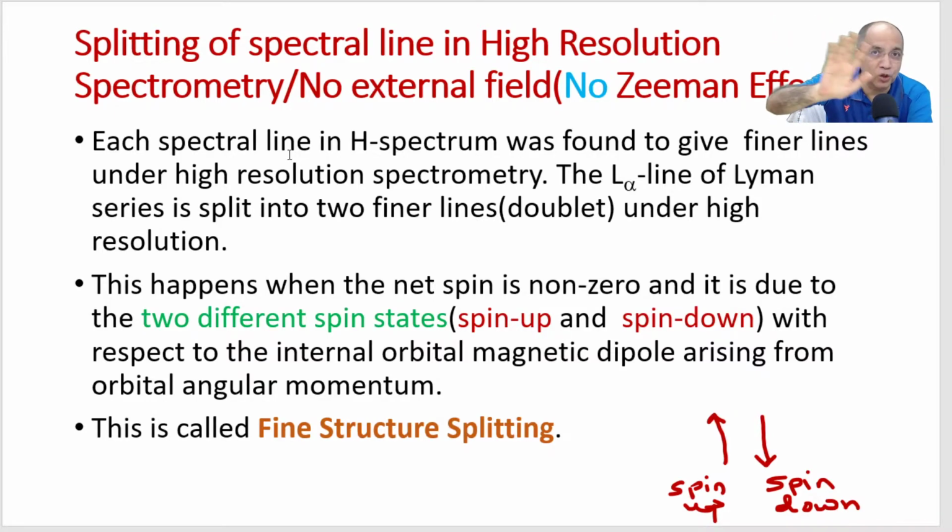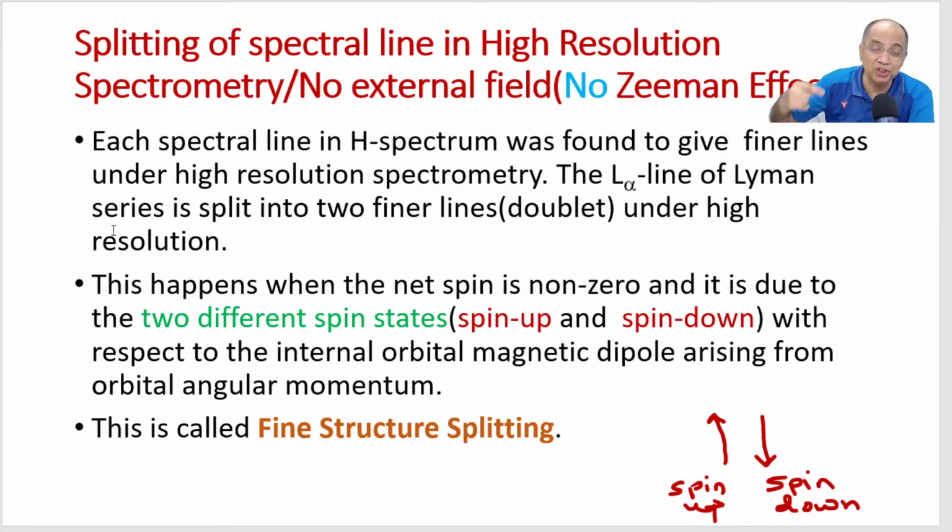No magnetic field, no Zeeman effect, but under high resolution conditions, where the splitting power is very pronounced using a high power diffraction grating, each spectral line of hydrogen was found to give finer lines. For example, the L-alpha line of the Lyman series. You know what the Lyman series is?